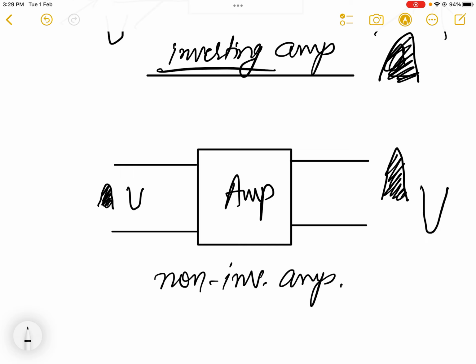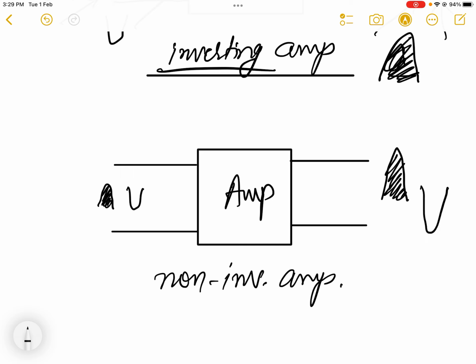In that case, we have to apply the feedback in this circuit. Now, what is feedback? The definition of feedback is very simple. Feedback means connecting the fraction of output quantity back to input. Connecting the fraction of output back to input is called feedback.